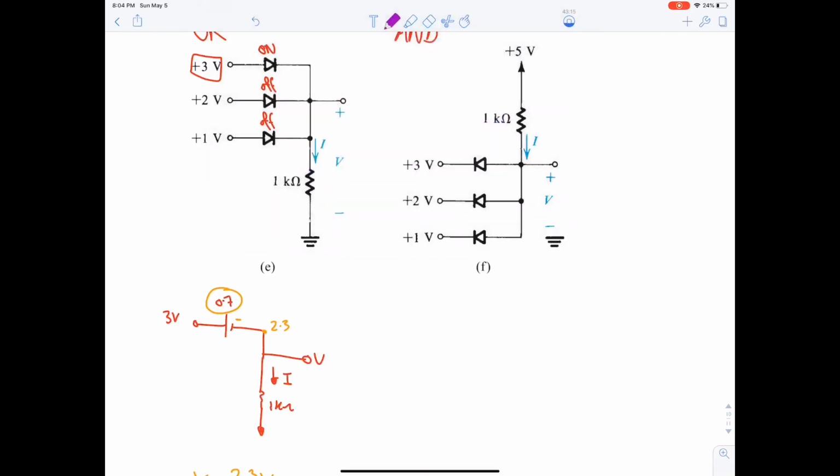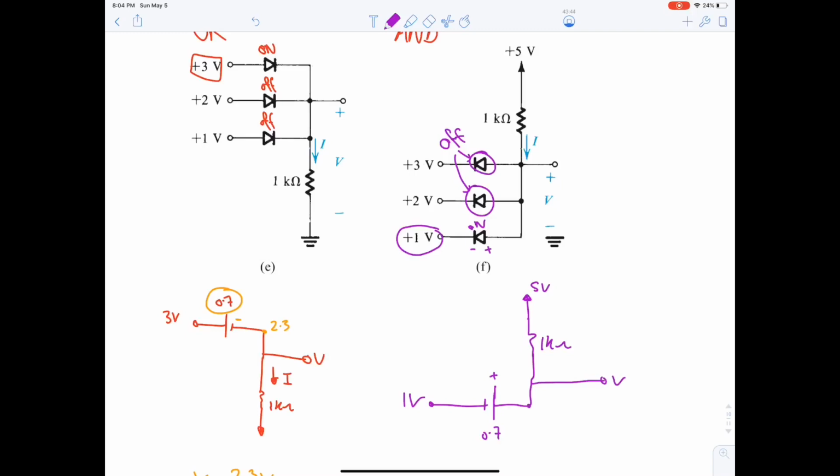For the AND gate we pick the lowest voltage. This diode will be on, the rest will be off. Now 5 volt, resistance 1k, and here we have a voltage source. This is the positive polarity because this is the anode, this is the cathode. 1 volt. If this is 1 volt, the sign further from you is positive, and this is 0.7, so here you will end up with 1.7, right?